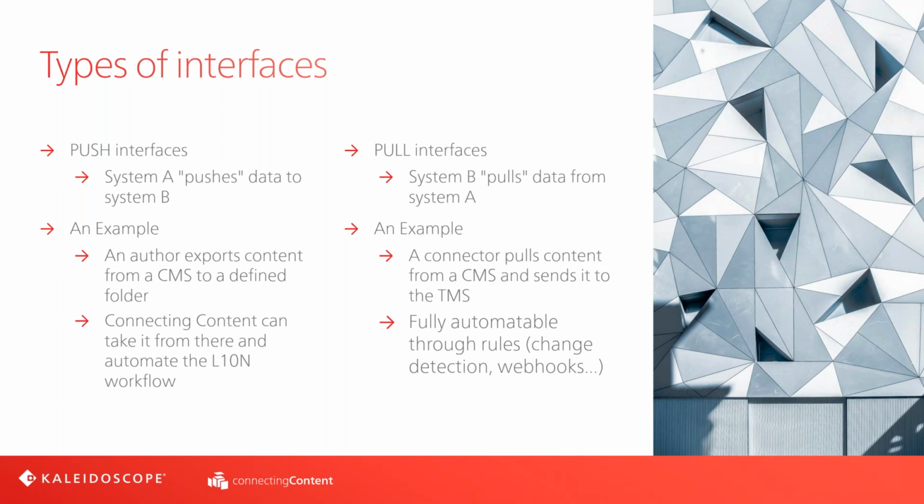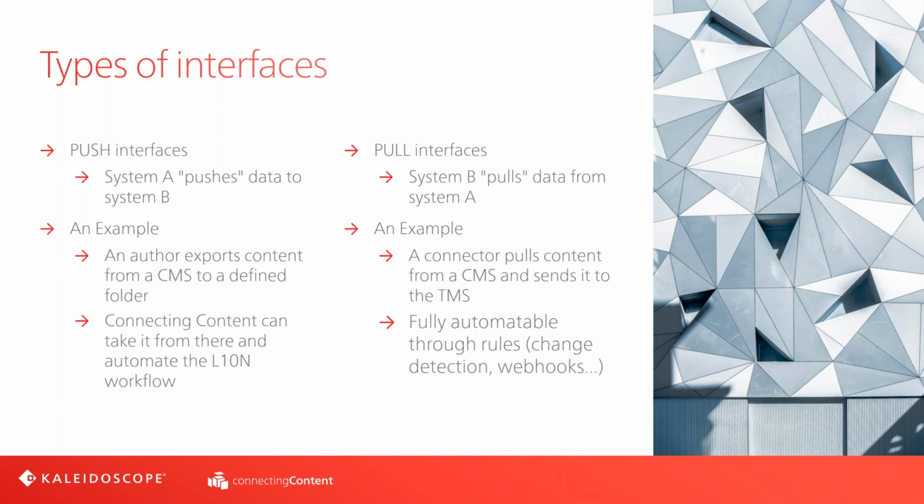Let's say if you're always translating your blog in 10 languages, you can automate that, and you can have connecting content or a connector see, there's a new blog, it has been released for translation, let's say, if the status is set to that, and then it knows, okay, this is in this folder, for example, in the content management system, so I know I can pull it, I can send it into translation, I know the languages, it's all configured, and I can push it back once it's done back to the content management system. So this is typically you can automate that with rules. We can detect changes, we can have webhooks in the CMS that can basically trigger system B to say, here's something to localize, please go get it.